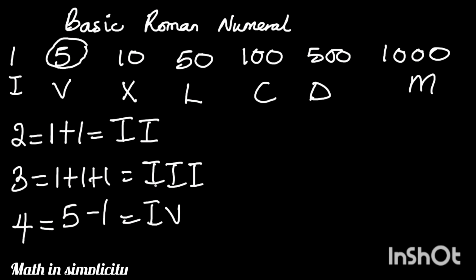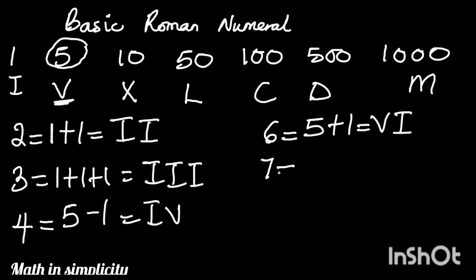5 is already V, so we jump to the next one, which is 6. How do we get 6? 6 is after 5, so we have 5 plus, because 6 is after, what are we going to add to 5 to give us 6? It's just 1, so it becomes VI. Same thing for 7. 7 is after 5, so we have 5 plus what to give us 7?